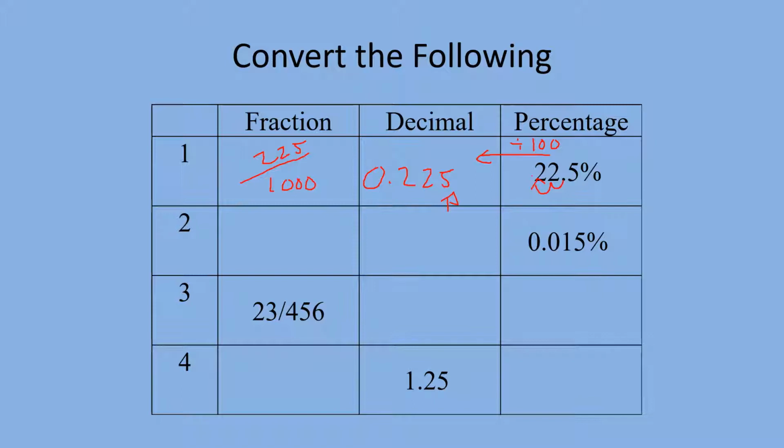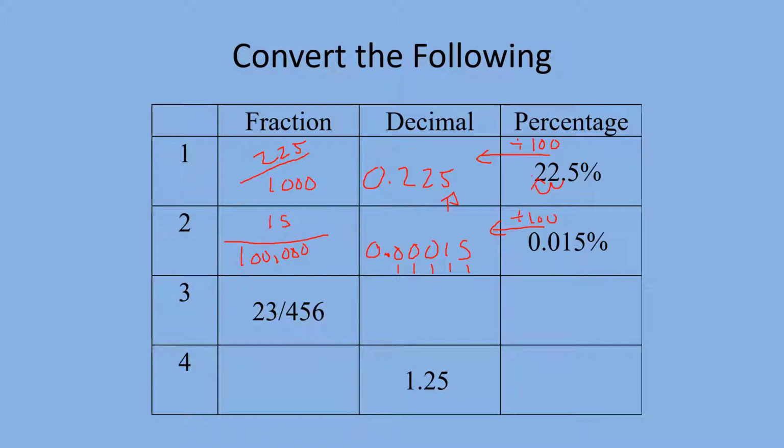So let's just do this one real quickly. Divide by 100. 0.00015. Alright, so a lot more decimal places. So we got tens, hundreds, thousands, 10,000s, 100,000. And then on top you just put a measly 15.